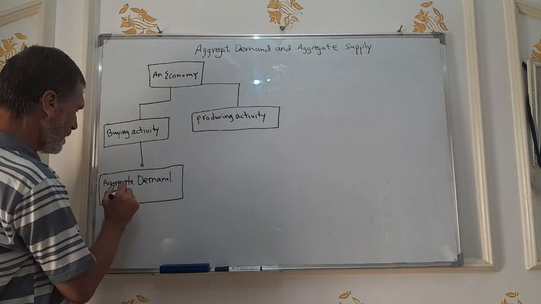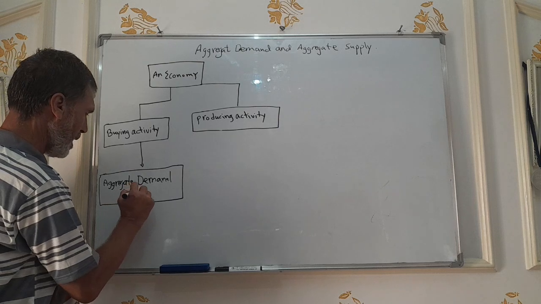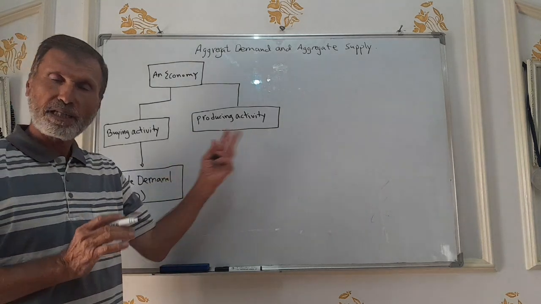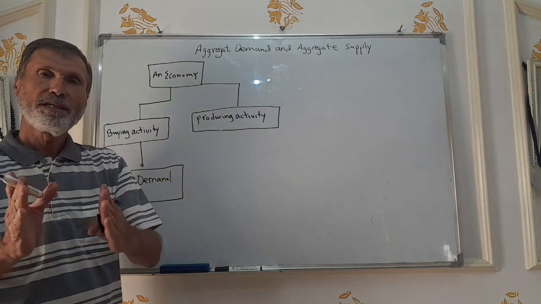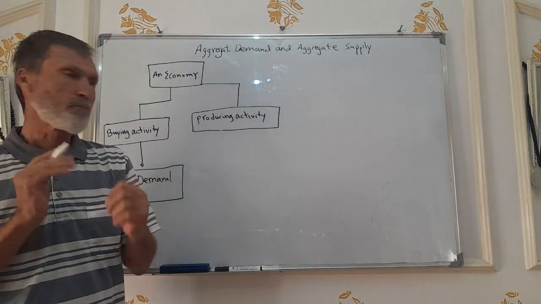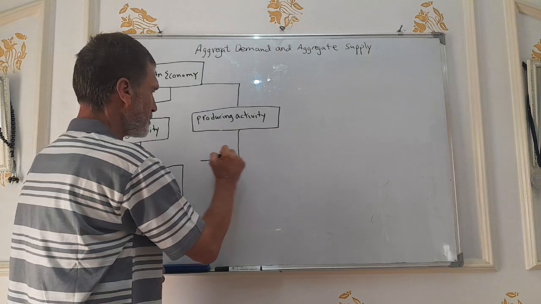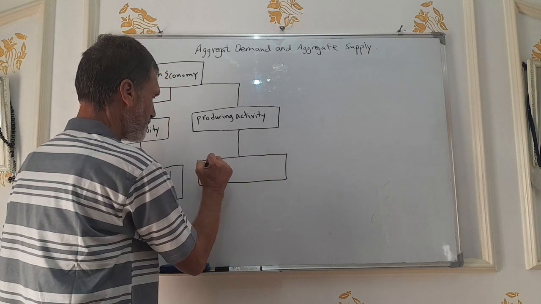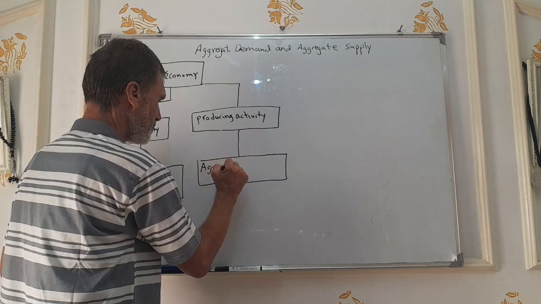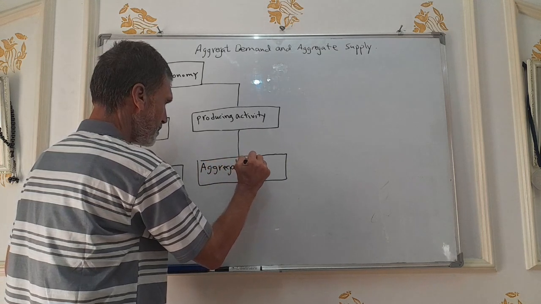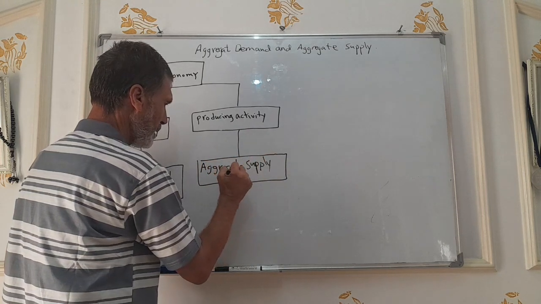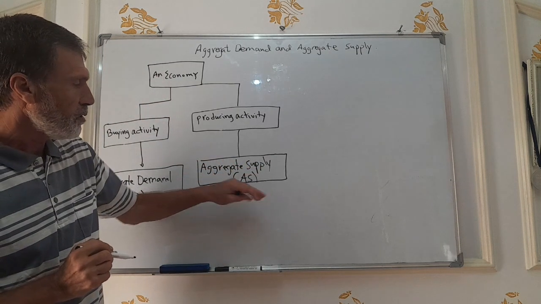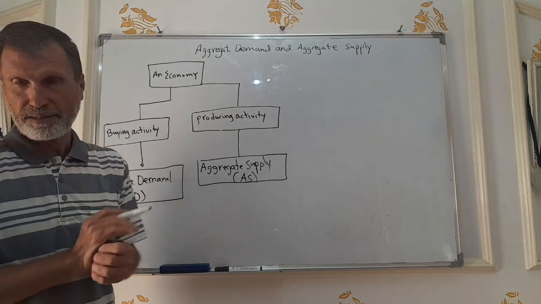We're going to represent aggregate demand with this simple AD. And when we're talking about the production side or producing activity, we're talking about the aggregate supply. We're going to represent aggregate supply by AS.